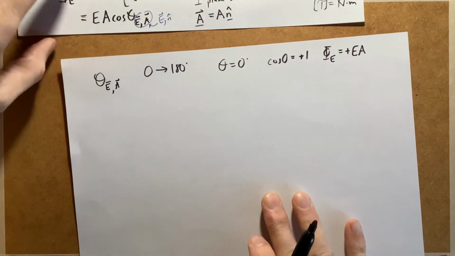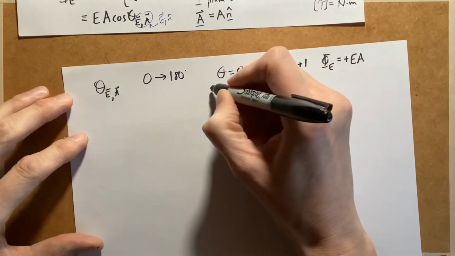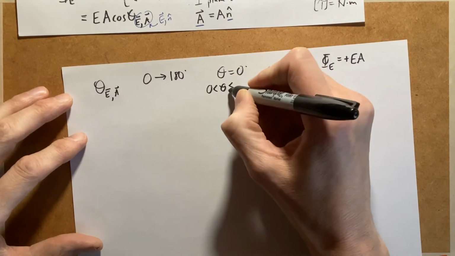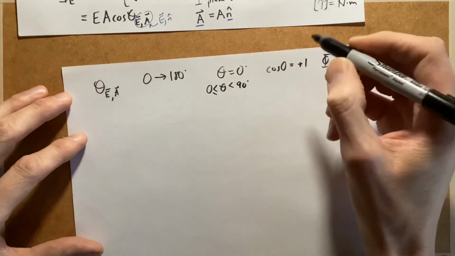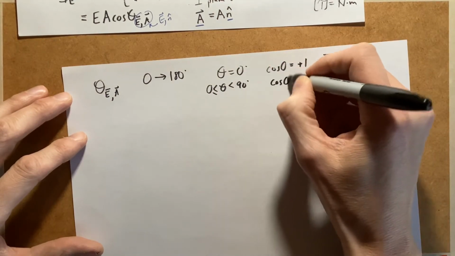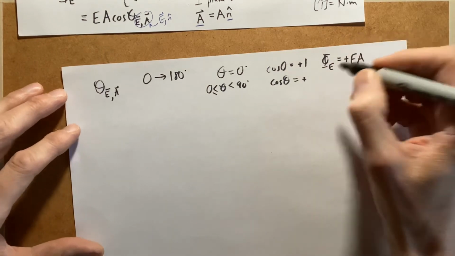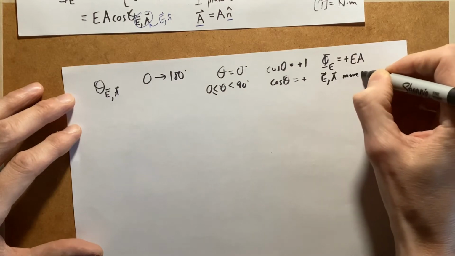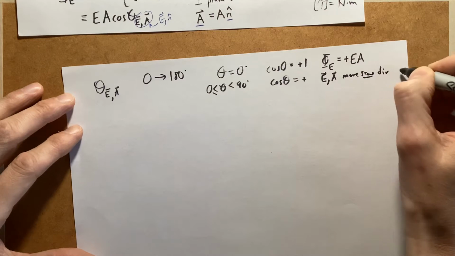If that angle is greater than or equal to 0, but less than 90, then the cosine of an angle like that is going to be positive. So you will get positive flux. That's when the electric field and area are more in the same direction than not. We get a positive flux.